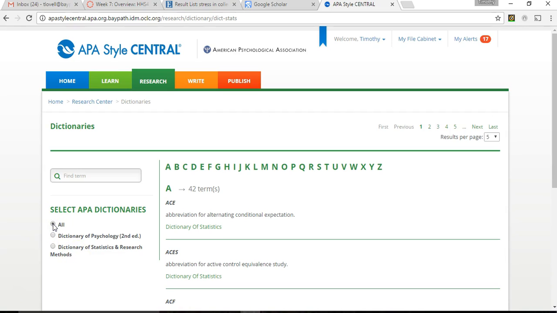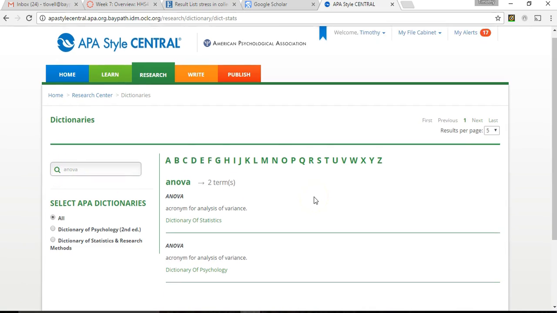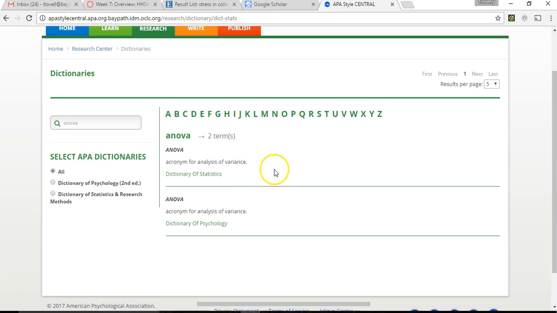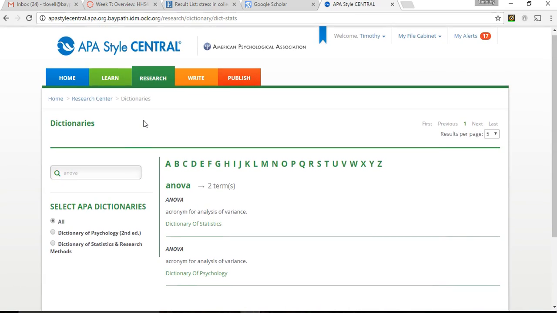You can click all, obviously, and say there's something that pops up that you're unsure about. So this will kind of lead you in the right direction for that. And I just typed in ANOVA because you will see it. That is in your PowerPoint presentations. So don't worry about that yet. But just an example, if you come across something, this is kind of a good resource to go through.